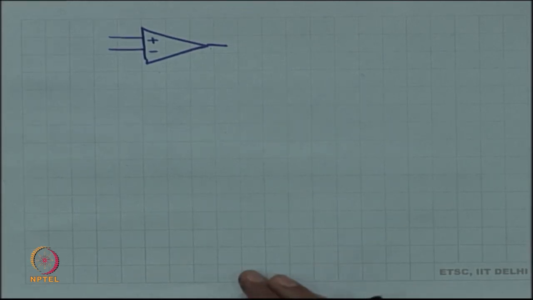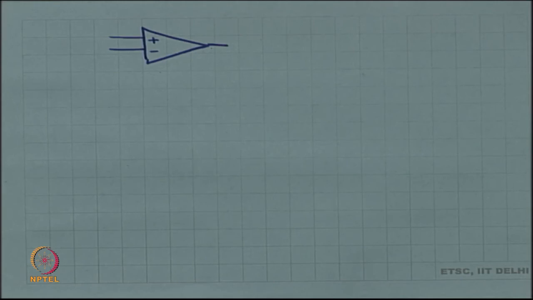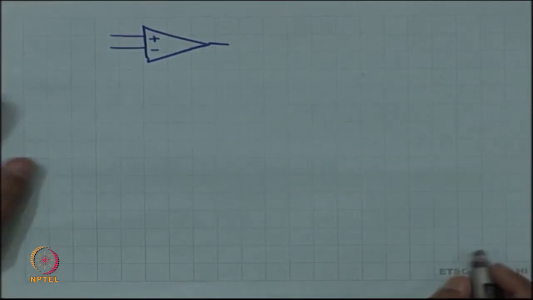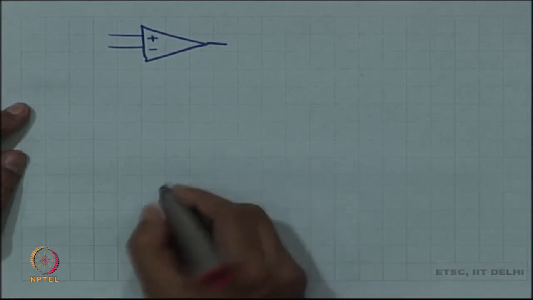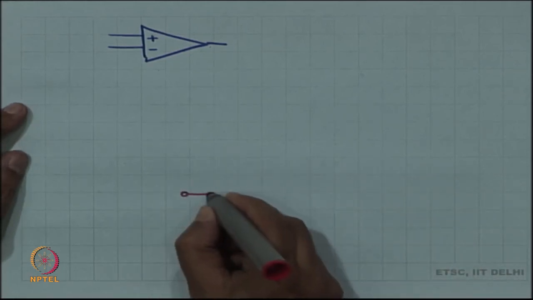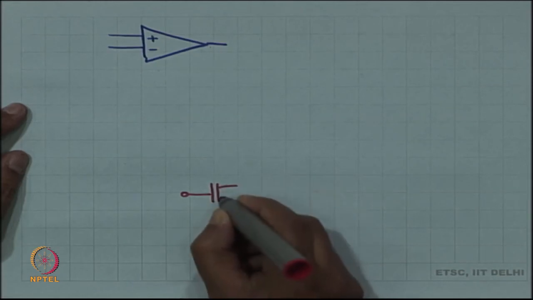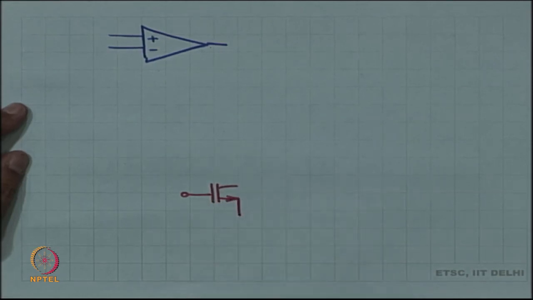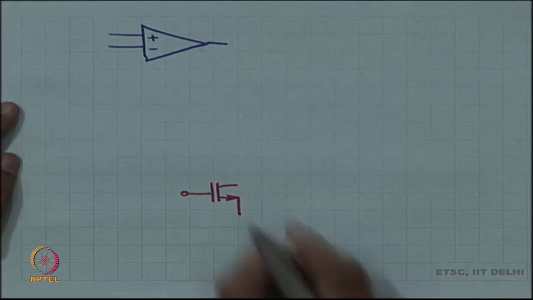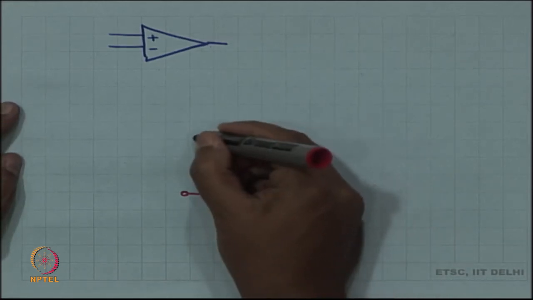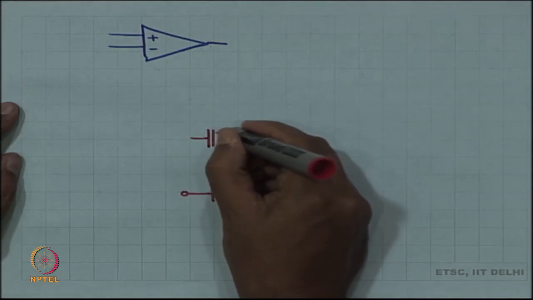The cascode, let us look at the cascode, because the cascade is so easy. You see, in case of the cascode, the small signal half circuit needs to look like a cascode amplifier.